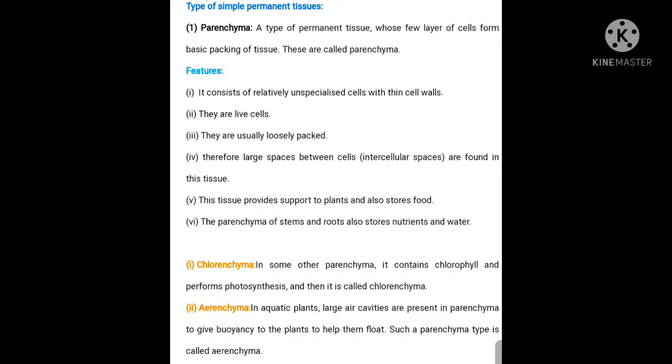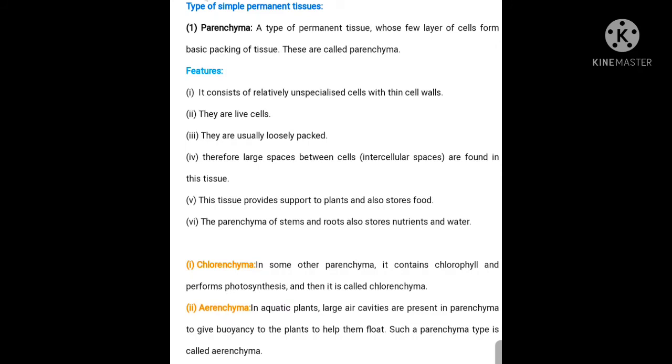The parenchyma of the stem and roots also stores nutrients and water. In some situations, parenchyma contains chlorophyll and performs photosynthesis, and then it is known as chlorenchyma.